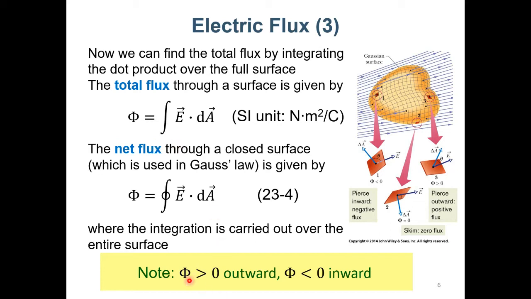So here we summarize that. If phi is larger than 0, then the flux is going outwards. If phi is negative, we call the flux going inward. So any questions up till now? Okay.